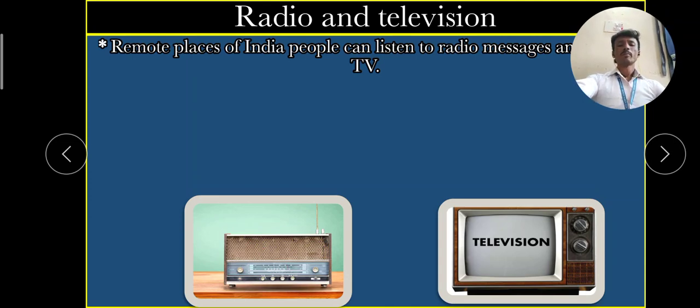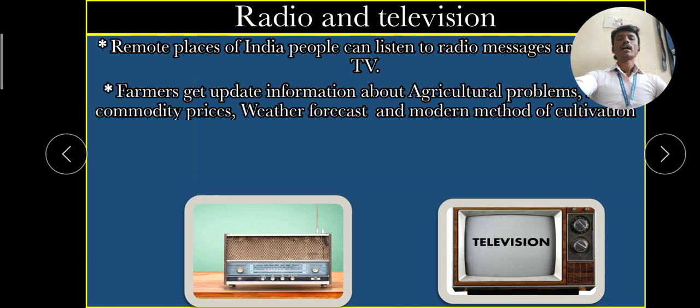Got it? Mainly, in some long distance places it is possible to listen and possible to watch television. And farmers get updated information about agricultural problems while they are doing agriculture.